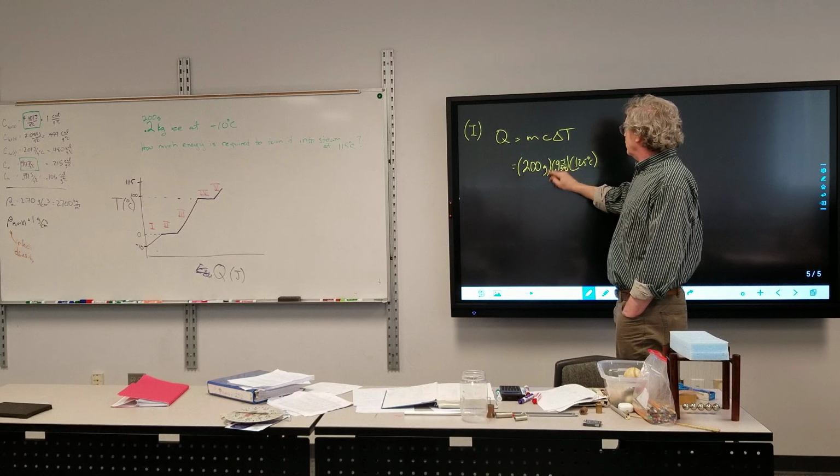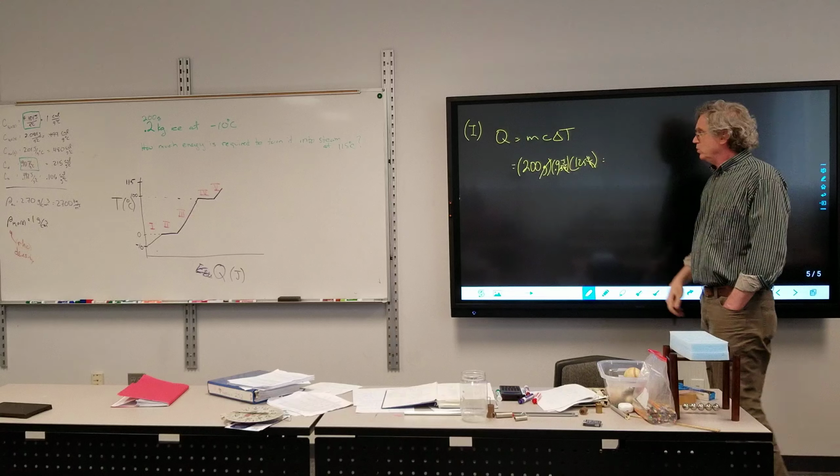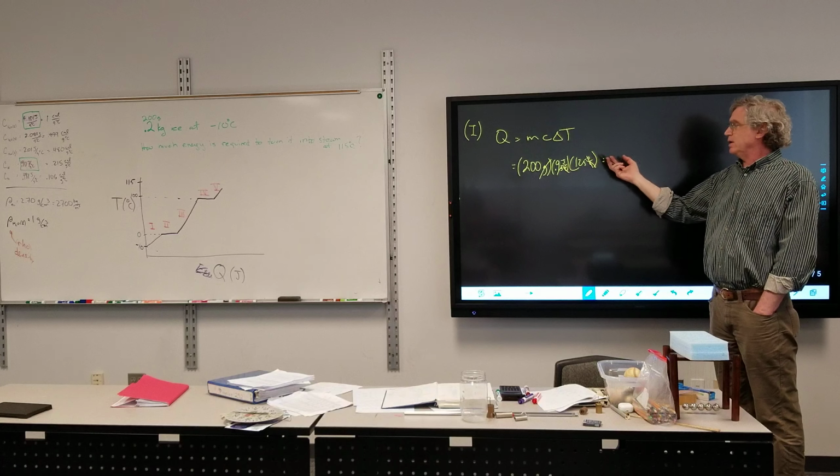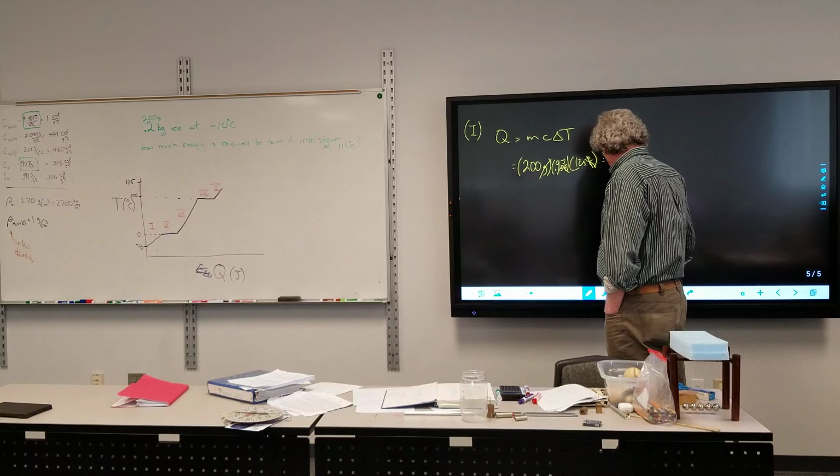Celsius. The grams will cancel out, degrees Celsius will cancel out, and I'll be left with joules. So I have 200 times 0.9 times 125. Oh, nope, sorry, not 125.